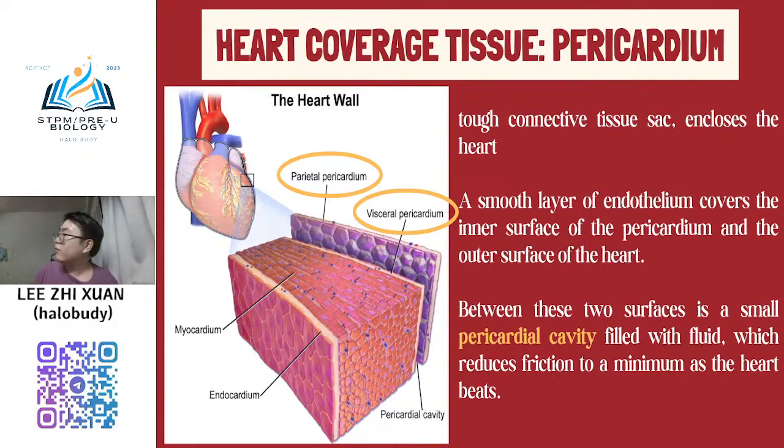You know that you have skeletal muscle, smooth muscle, and cardiac muscle, right? And cardiac muscle is special for the heart only. So cardiac muscle is one of the coverage tissues, and another coverage tissue, in the outermost layer of the heart, is known as pericardium tissue. This is the outermost layer coverage tissue of the heart.